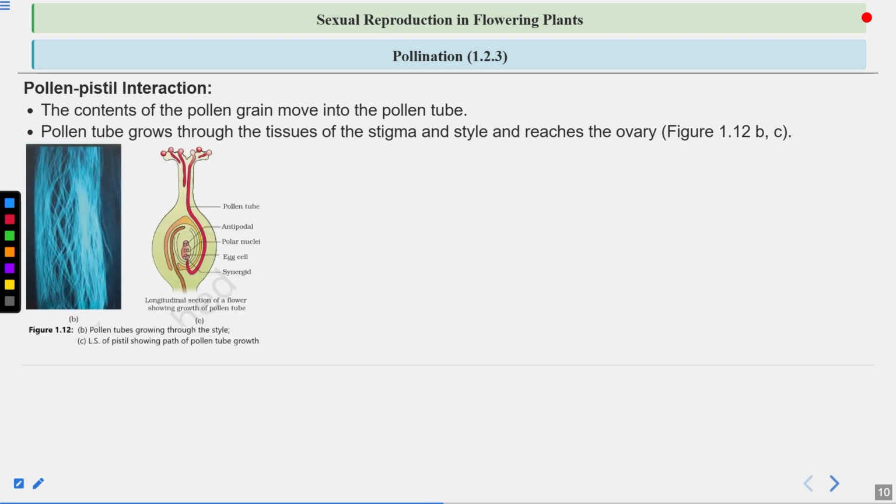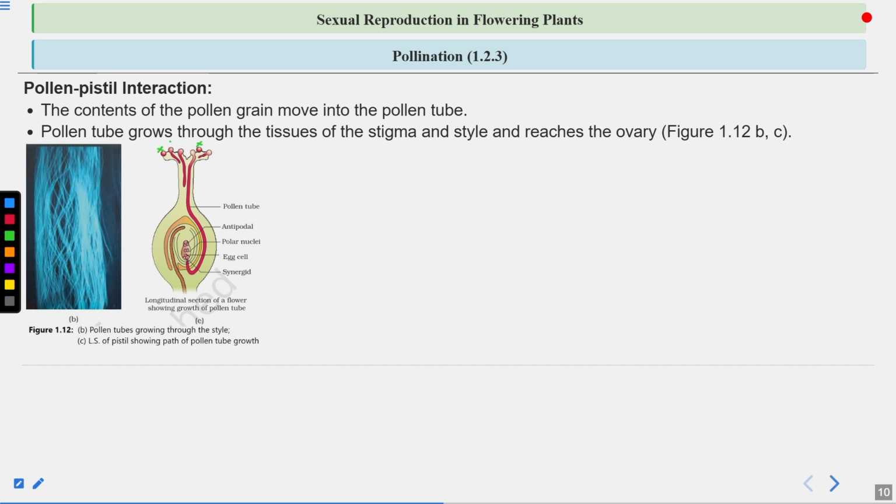So here you can see this diagram is very, very important to understand. Here you can see there is just one ovule. Okay, one ovule is there. And here you can see the number of pollen grains. This pollen grain is not germinating. This pollen grain is not germinating. So it may be incompatible.